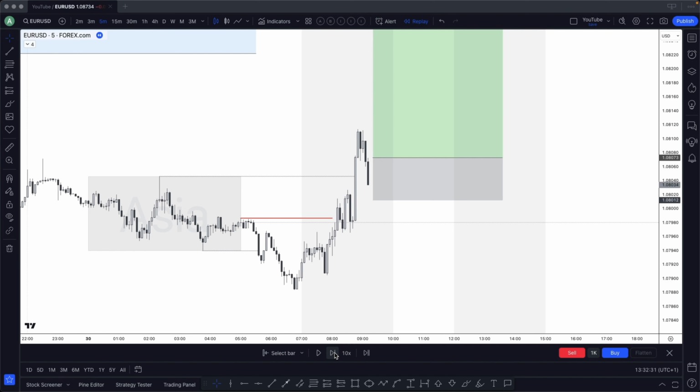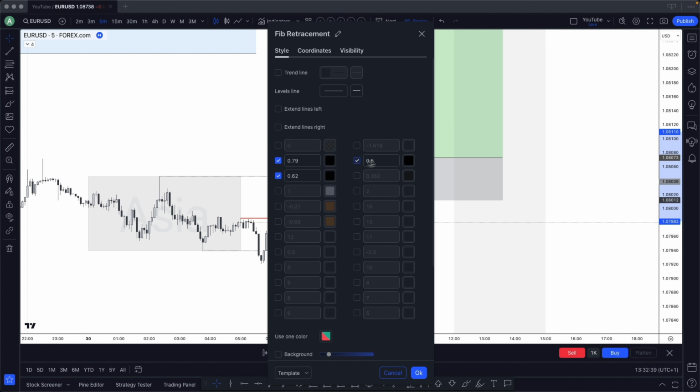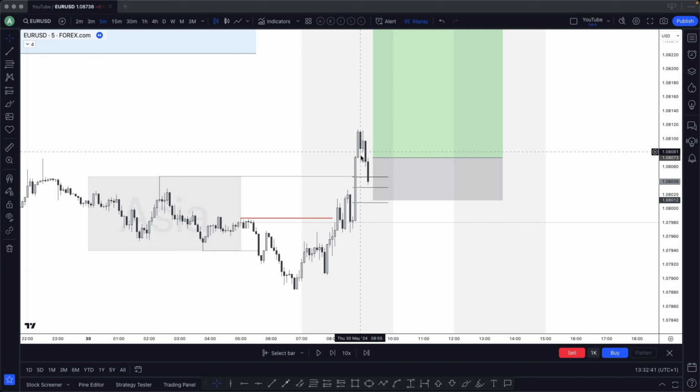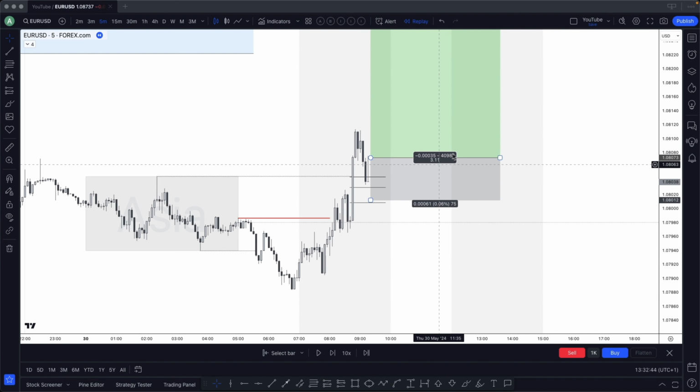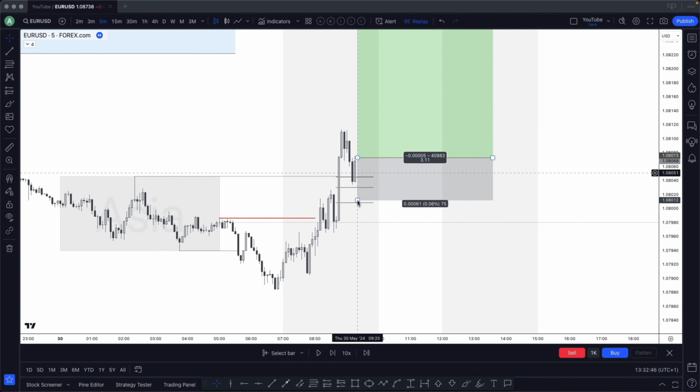We saw price come down here. At this point, my OTE was drawn in. I had the 0.5 as well. And now after I saw this 5-minute rejection of the 50% retrace along with Asia high, this was the point that I decided to market execute.